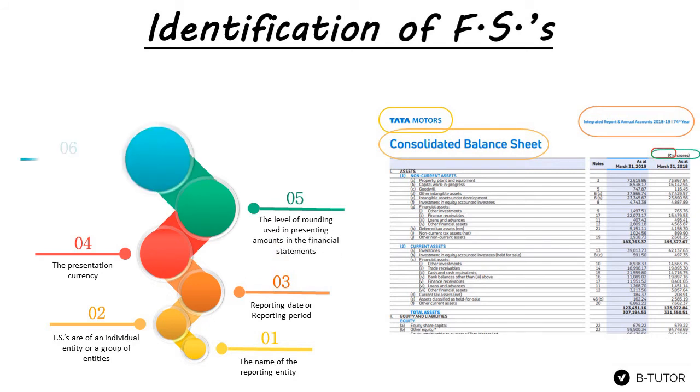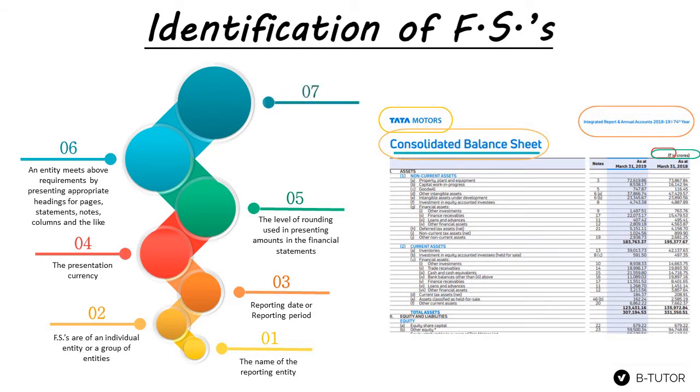An entity shall present appropriate headings for pages, statements, notes, columns, and the like. Next, general point. An entity often makes financial statements more understandable by presenting information in thousands or millions of units of the presentation currency. Next head under structure and content of financial statements is balance sheet.